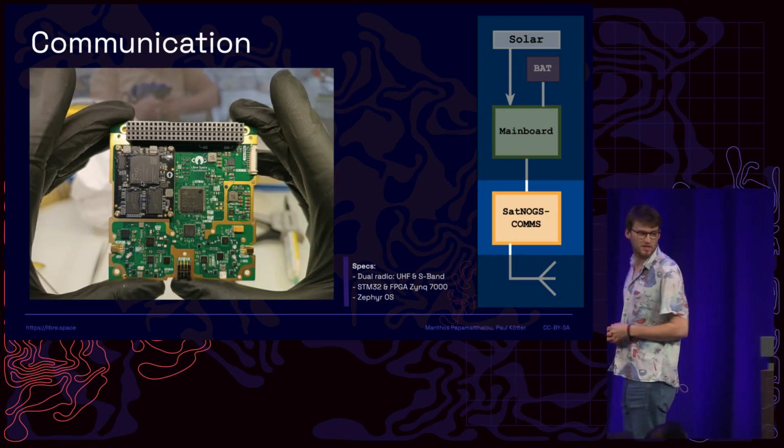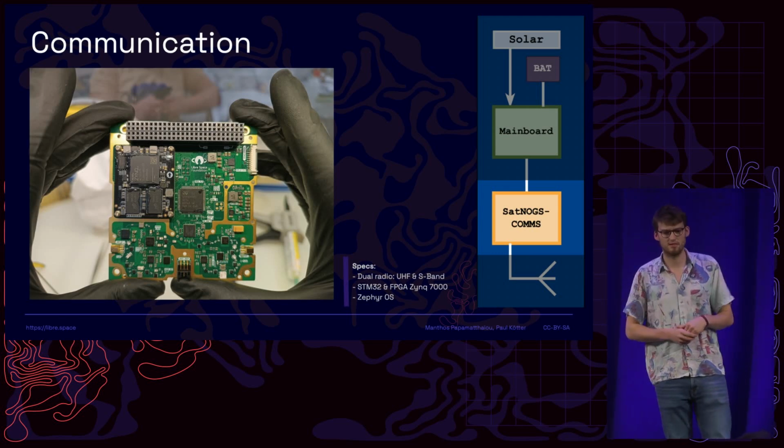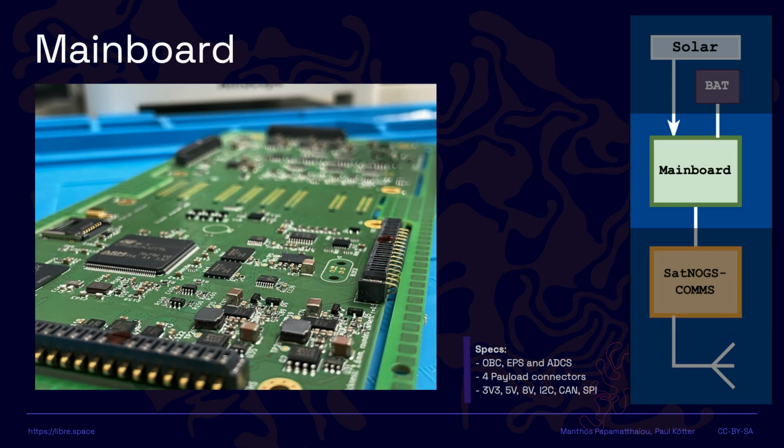Then we have the communication subsystem, as I said, the SIDLOC comms. This has dual radio, UHF and S-band, and it's based on an OS called Zephyr. As you can see here, the FPGA board, the small black board on the upper side, is mounted on top. Coming to the main board, this integrates the onboard computer functionality as well as EPS and ADCS, as I said.